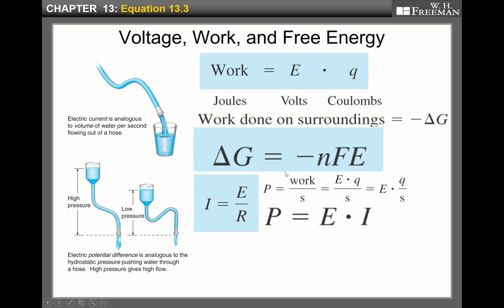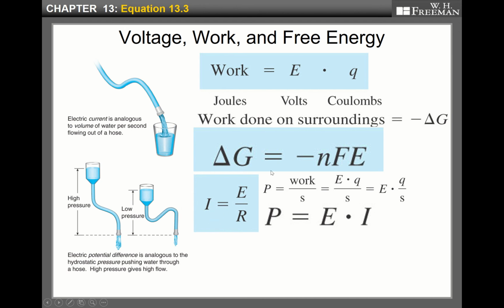There is a negative sign here. N is the number of electrons, which is always positive, and the Faraday constant is positive, and E could have a minus sign or a plus sign.